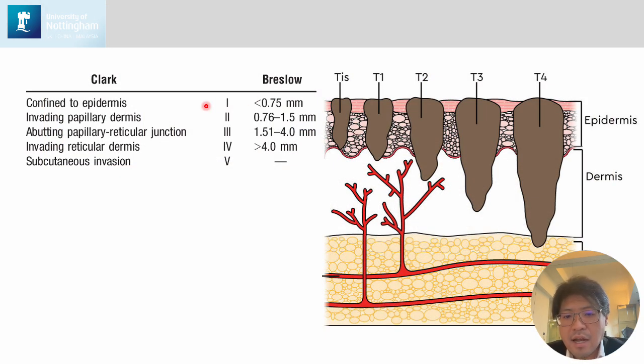So this is another diagram to show you the depth of the Breslow thickness and how it's measured. Typically, if it's confined to the dermis at Clark level 2, the papillary dermis, then it is low grade melanoma, but if it's more than 0.9 or 1 millimeter, then that has a higher potential to become more troublesome.